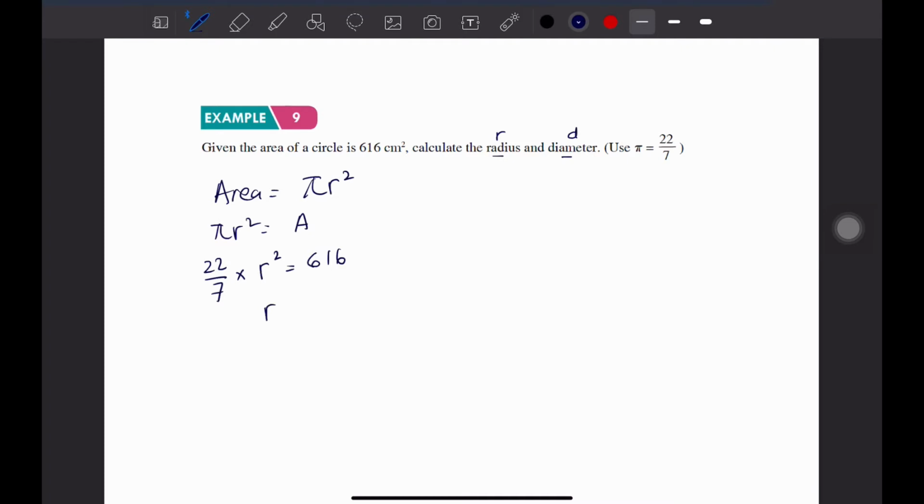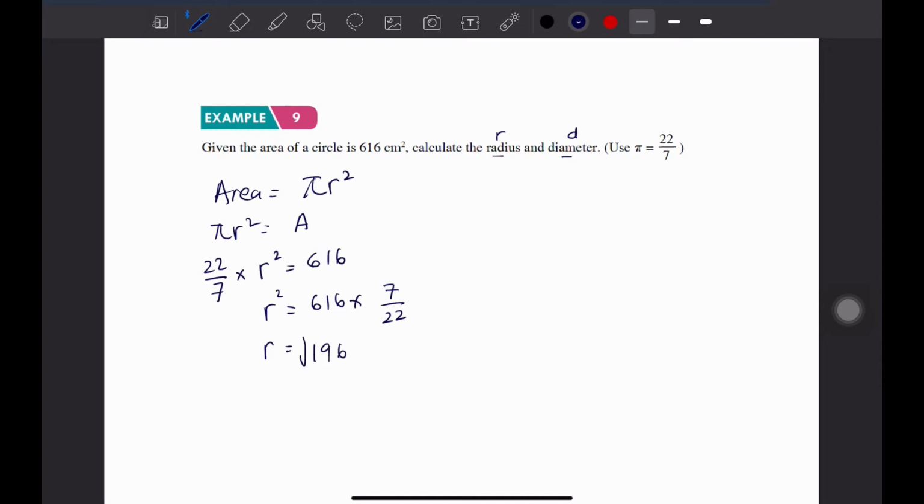Okay, now r is equals to, so when you have fraction, you move it to the next side, it will be reciprocal. 616 times 7 over 22 square. Okay, so let's solve this first. So 616 times 7 divided by 22, 196.